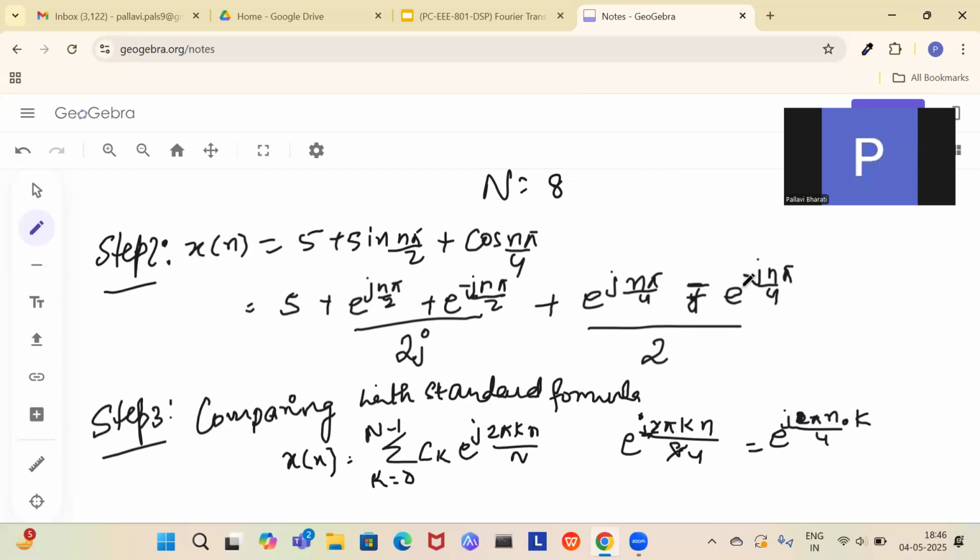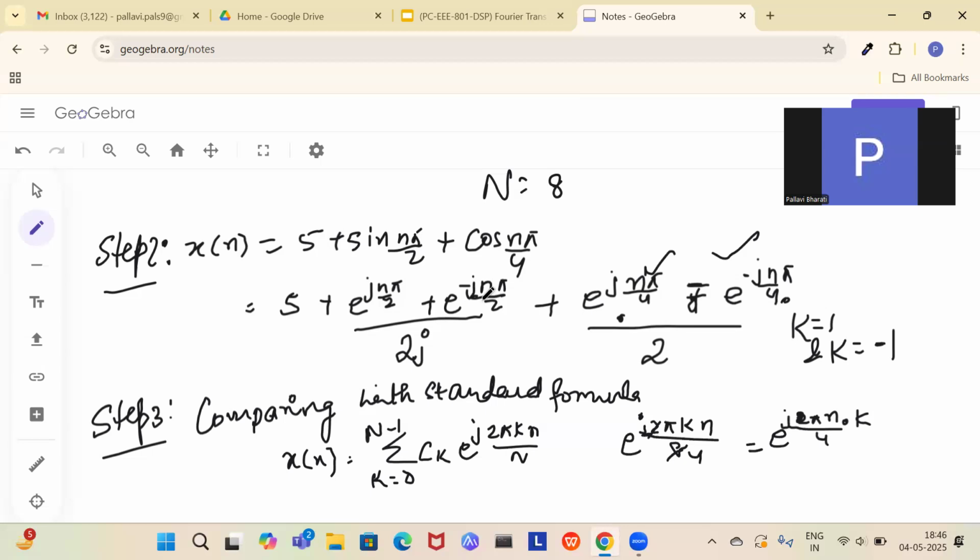In this case, for this one and this one, k is equal to 1, and k equals -1 for these two, because it is e^(jnπ/4). N is there, π/4 is there. The k value is 1 and -1.